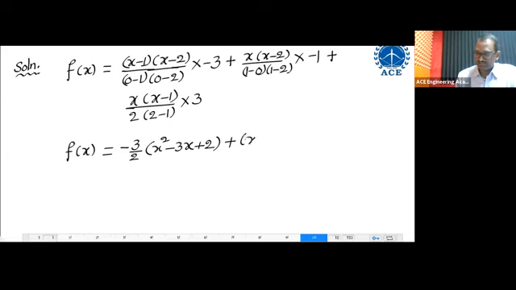X into x square minus 2x. 3 by 2 into x into x square minus x into 1 x.